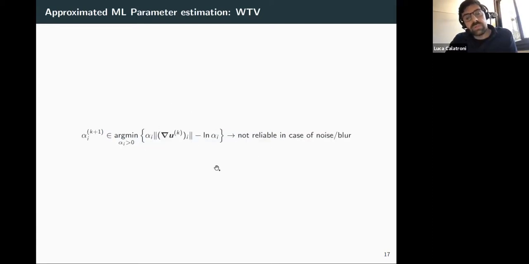And if we impose optimality here, we see that for each parameter, the corresponding alpha_i will depend on the local image gradient magnitude. So in the case of noise and blur, this may be an unreliable estimate.